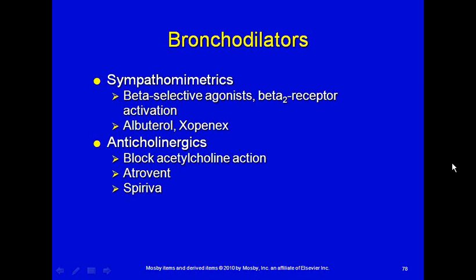Now, one thing that we'll see given is called a DuoNeb, and a DuoNeb is Atrovent and albuterol together. You've got the Atrovent, which dries up the secretions and actually allows for better distribution and better delivery of the albuterol.